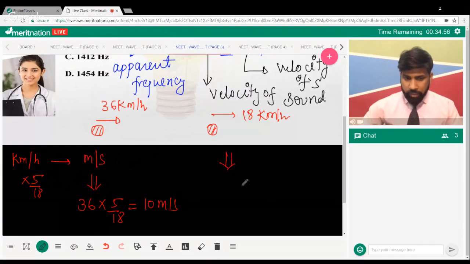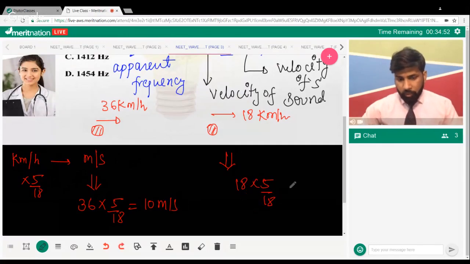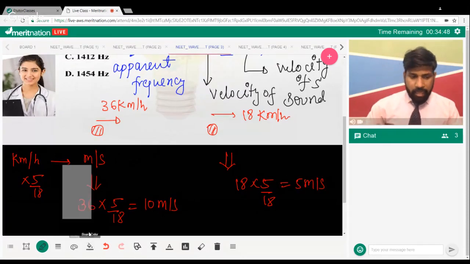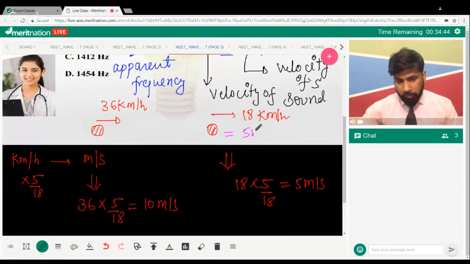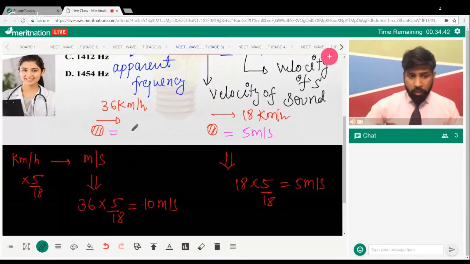For 18, 18 into 5 by 18 gives 5 meter per second. So this vehicle is moving with a speed of 5 meter per second, and this one is moving with a speed of 10 meter per second.